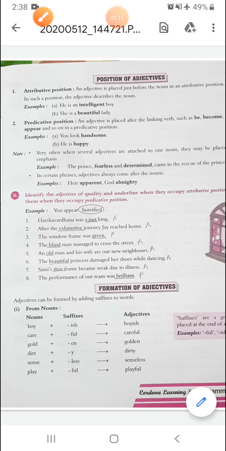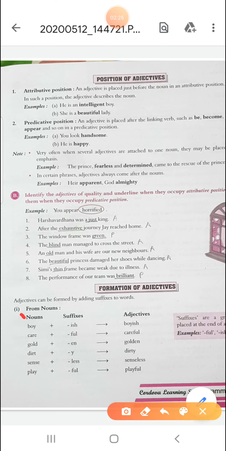These are not actually words. So we can form adjectives from nouns and from verbs. Let's start from nouns.